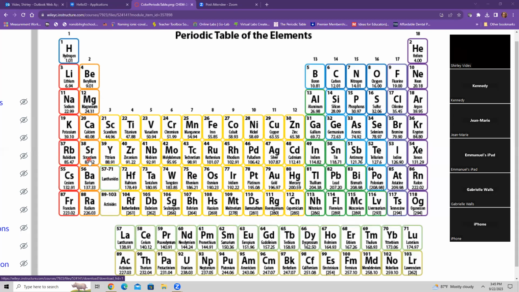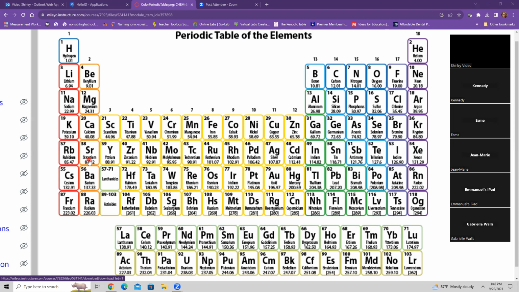Group 2, yes, but what's the name of it? It has an actual name, not 2A. Known as the something metals. The earth metals. Alkaline earth metals. Very good. Yes, alkaline earth metals.